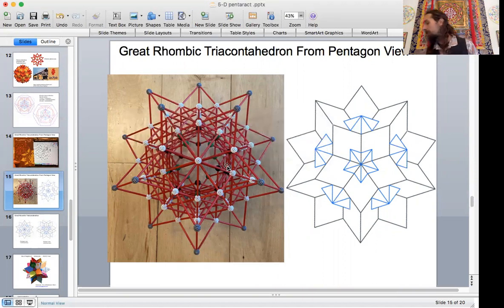And that's actually what this form, the big red one, is showing, with these extended blue vertices that you see in the drawing there. It actually has that integrated into this. So this is more representative of what I'm showing you now than the rhombic hexecontahedron. This gives you the full, complete picture of all the vertices connected. And this is the great rhombic tricontahedron.